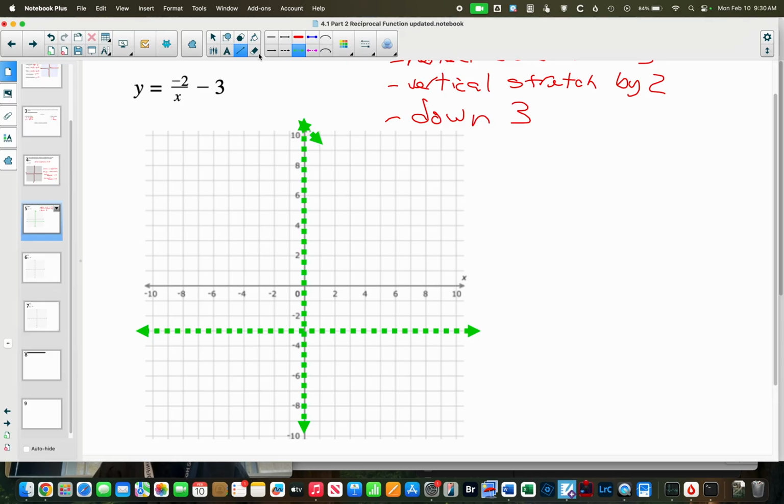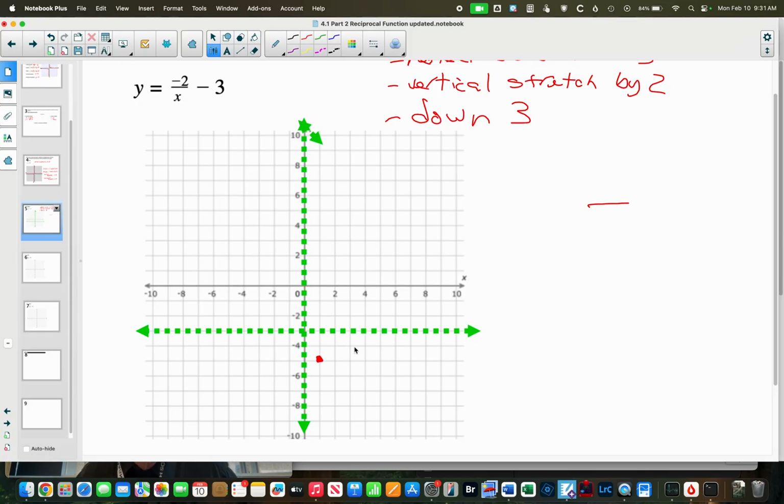Now the negative, let's grab a pen here. The negative is going to make it start at the bottom and go up, but the 2 is going to stretch it by 2. So when x is 1, -2 divided by 1 is -2. I know it's down 3, but starting at -3, we're going to go down 2 instead of down 1.